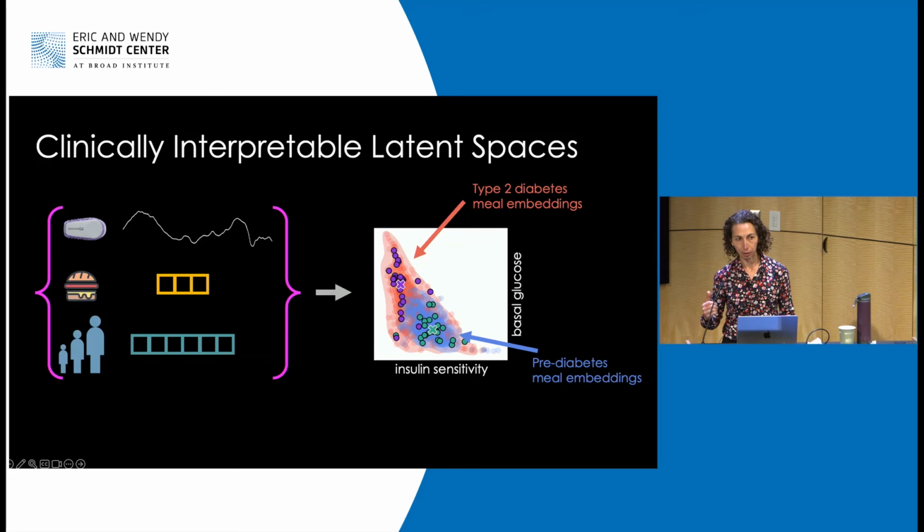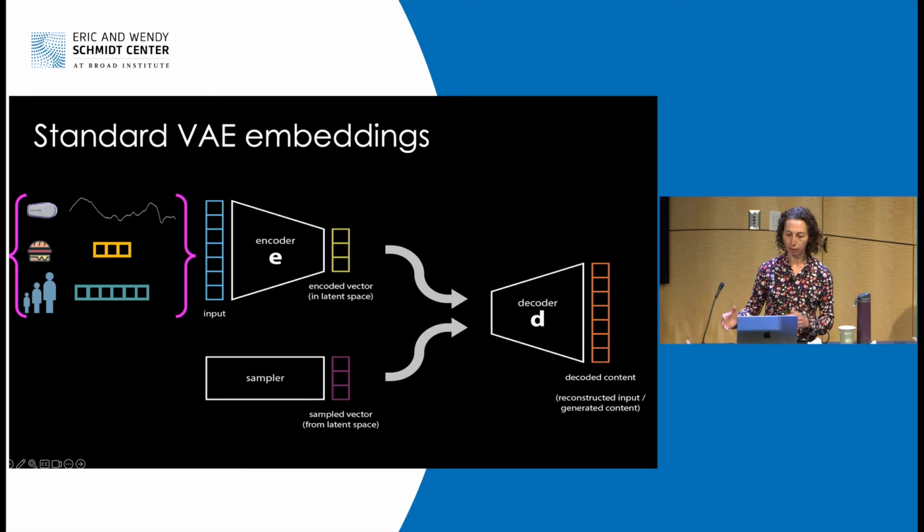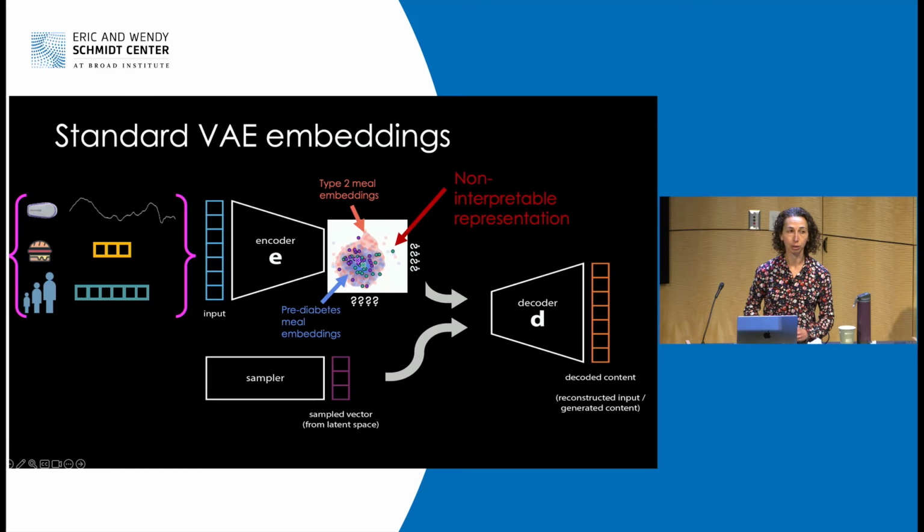Well, to start, we're going to think about just taking a variational autoencoding perspective to embed our observations, but if we use a standard VAE, our dimensions are completely uninterpretable. And to see the lack of physiological semantics in this embedding space, we see that we haven't learned any features that seem to distinguish between these two populations.